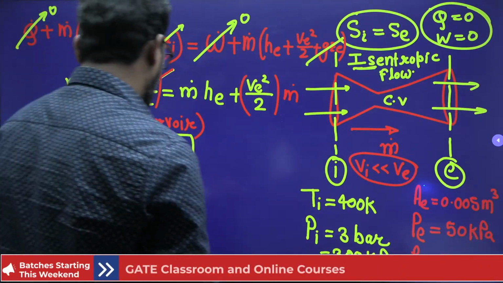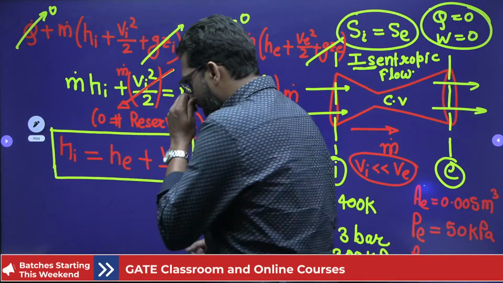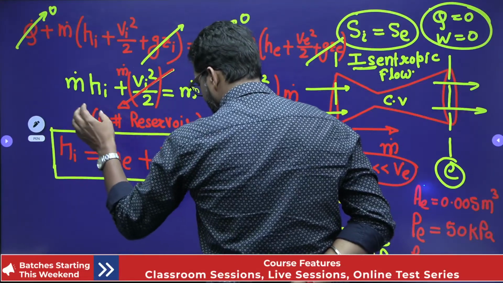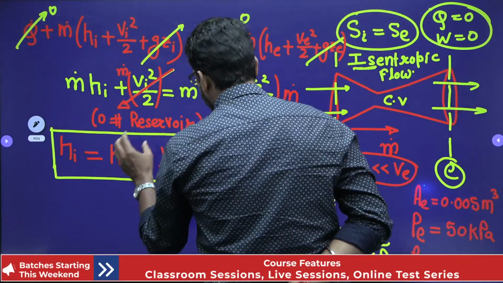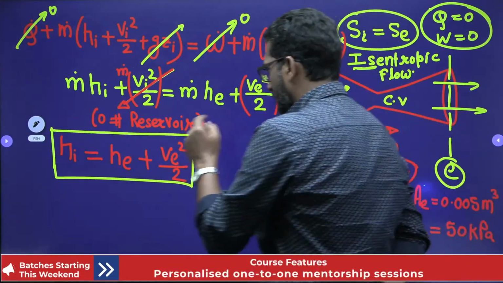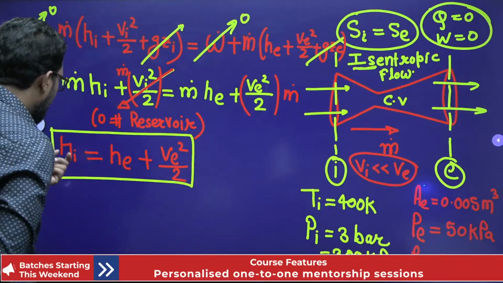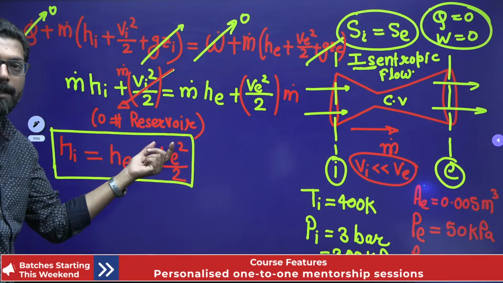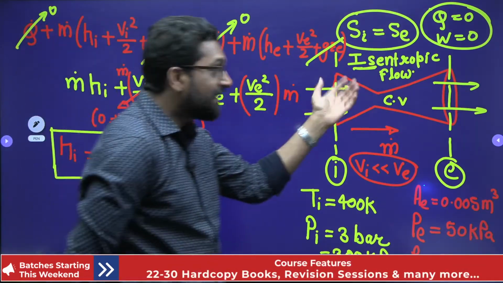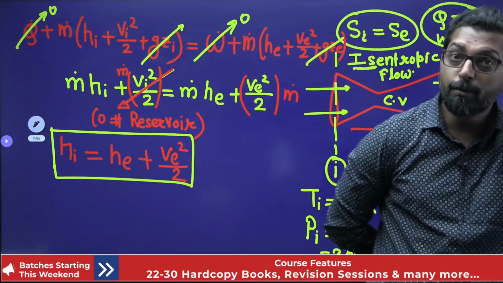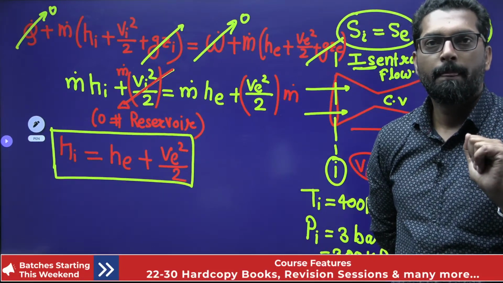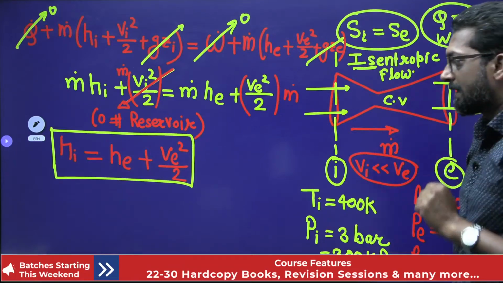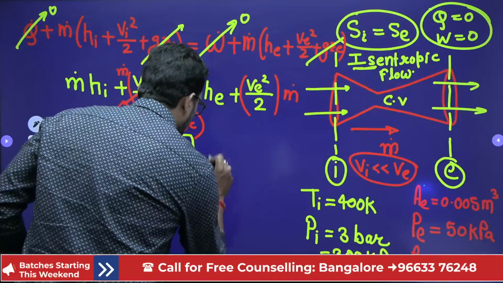Always remember, in general, in the case of a nozzle, the exit enthalpy will reduce. What is the exit enthalpy? Inlet enthalpy minus exit kinetic energy. That means the enthalpy at the exit from the nozzle always reduces when the flow is isentropic. What is the conclusion here?